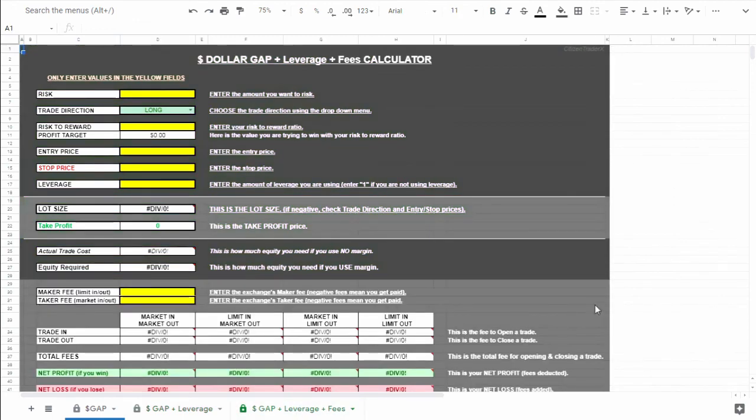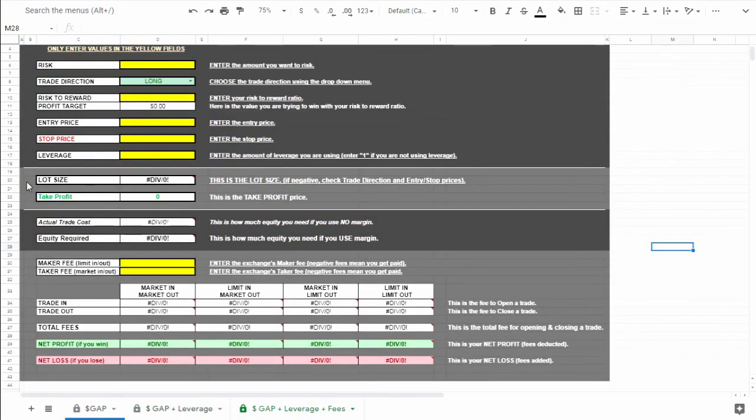And the other third tab, which is the same thing but adds even extra fields, has the lot size, the equity that you need if you're going to use leverage, and also the ability to add the transaction fees, the exchange fees, so maker fees and taker fees, because in the end, these all do come into play in calculating your bottom line.